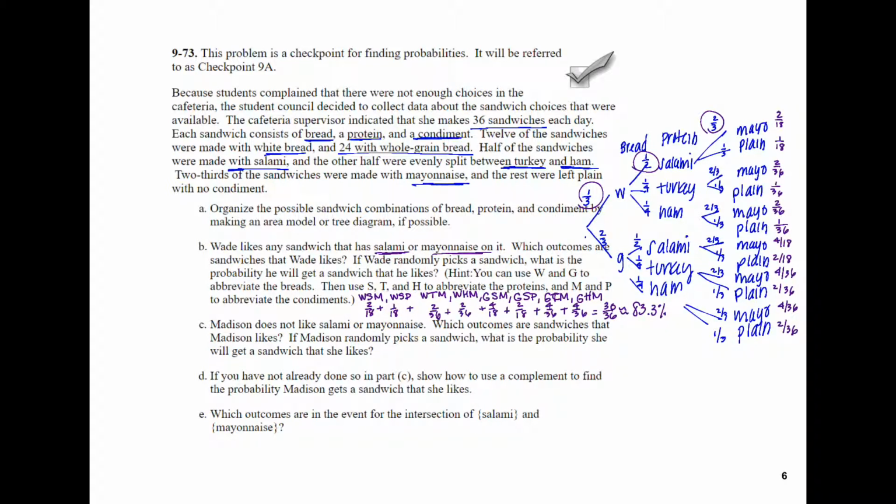Madison does not like salami or mayonnaise. Which outcomes are sandwiches that Madison likes? If Madison picks randomly, what is the probability she will get a sandwich that she likes? So we have white turkey plain, white ham plain, grain turkey plain, grain ham plain.